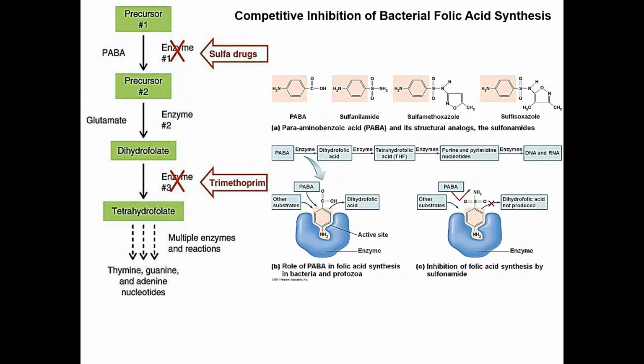Let's look at an example of competitive inhibition as it applies to bacteria. Your bacteria require the ability to synthesize folic acid. They have to synthesize it. This is the biochemical pathway for folic acid synthesis.